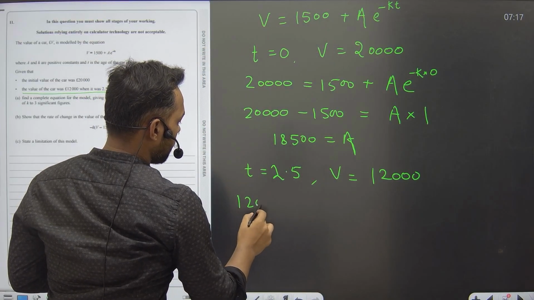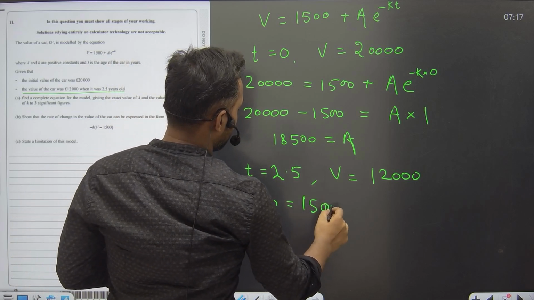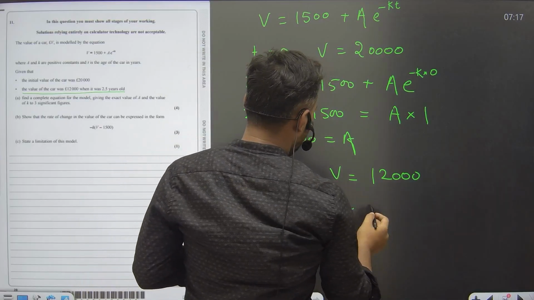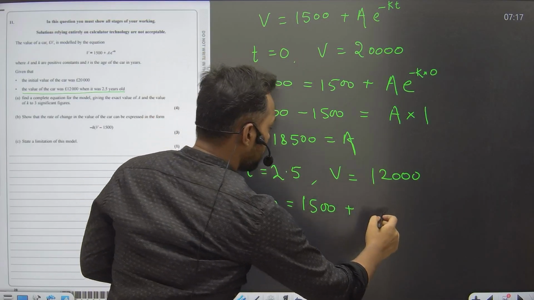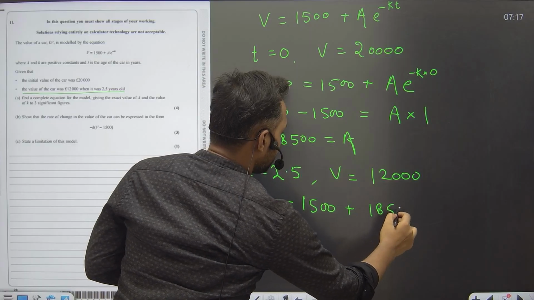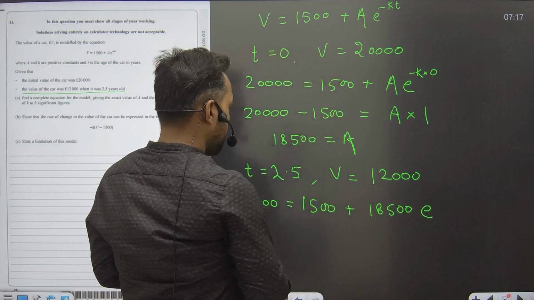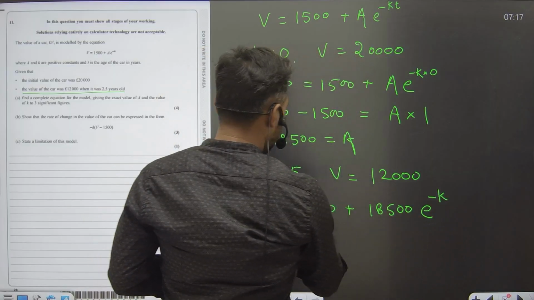So you will get 12,000 equals 1500 plus a. Here you will plug in the value of a from the first equation. So you will get a as 18,500 times e raised to the power negative k, and t is 2.5.